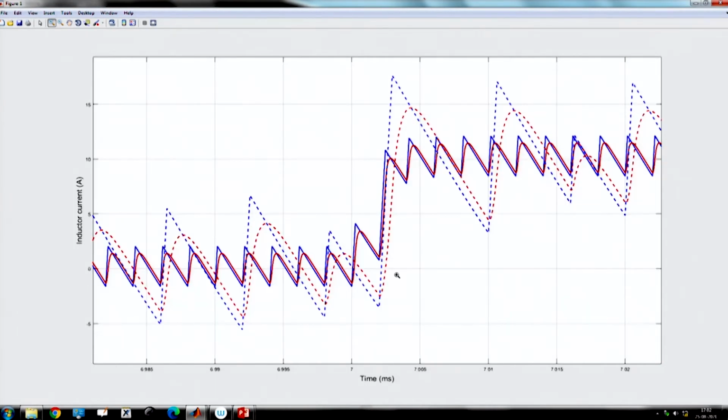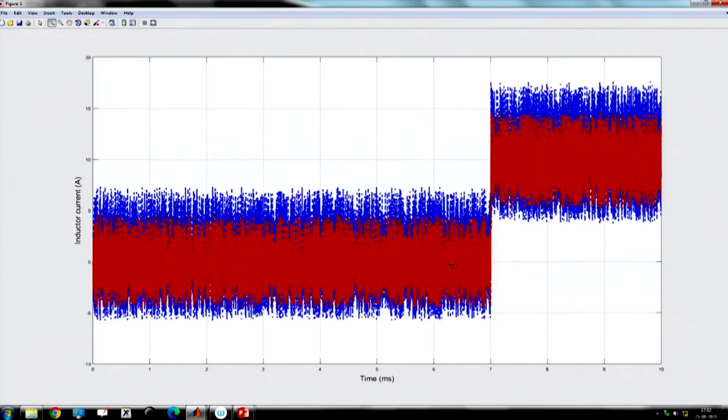Because they start interacting, here the current loop bandwidth is half of the switching frequency, and it is coming close to the voltage loop bandwidth, which we kept at 1/8 of the switching frequency. They are coming close to each other. That means they differ by only about 5 times. The voltage loop bandwidth is smaller than 1/5 of the current loop, and that is causing this severe subharmonic problem.